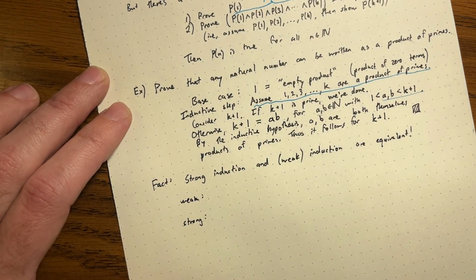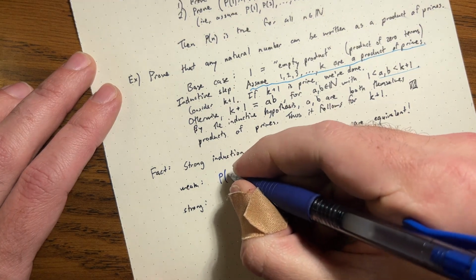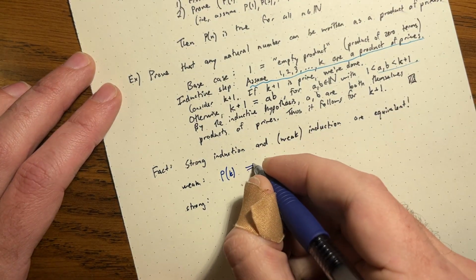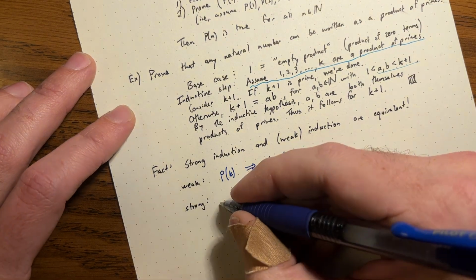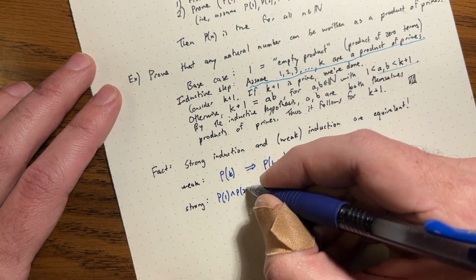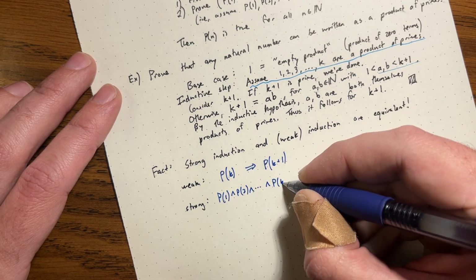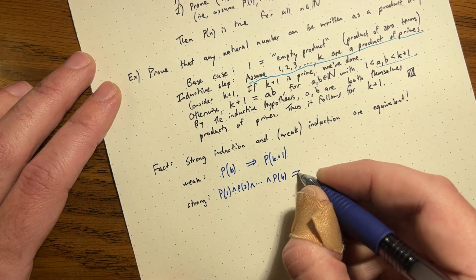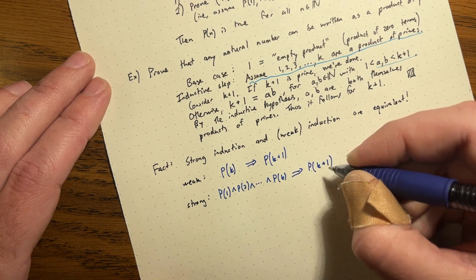In weak induction, we're trying to prove P of k implies P of k plus 1. Right? In strong induction, we're trying to show that P of 1 and P of 2 and so on up to P of k, all of those being true, implies P of k plus 1. Okay?